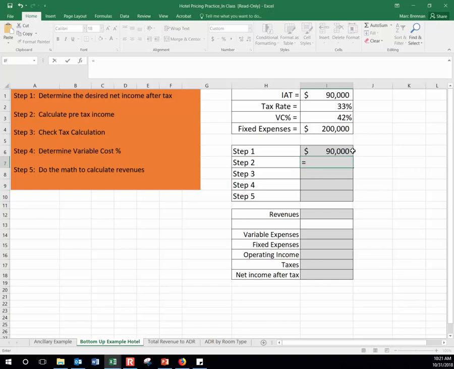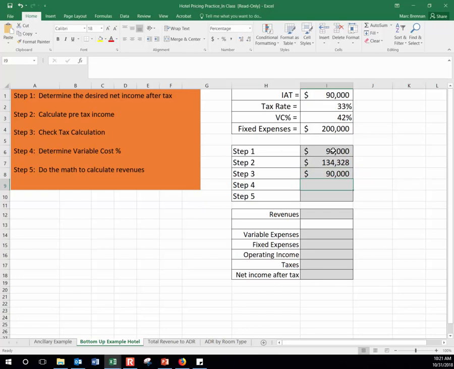If you remember, it would be our income after tax divided by 1 minus our tax rate, so our 0.33. And that would give us our income before tax. Now, we can check the calculation by simply going 134,328 minus 134,328 times that tax rate. That should give us the same number as step one, 90,000, perfect.